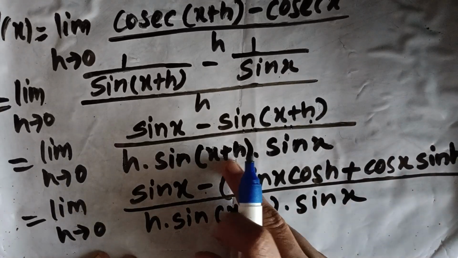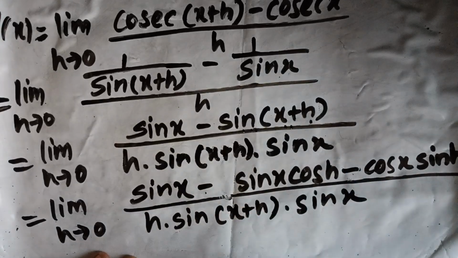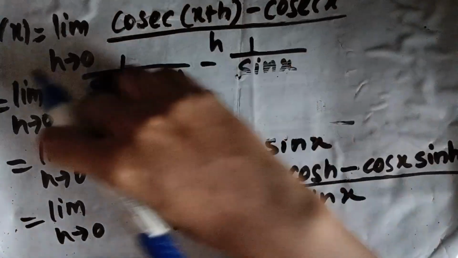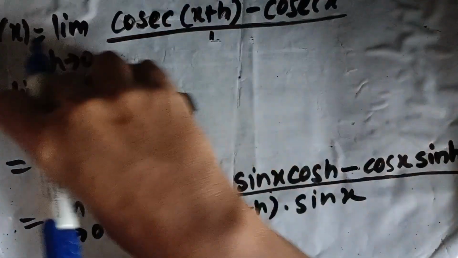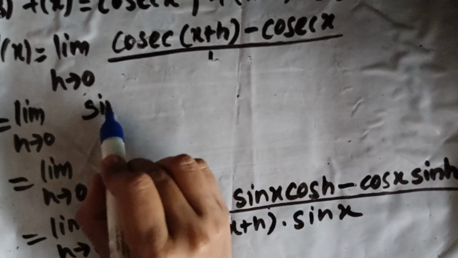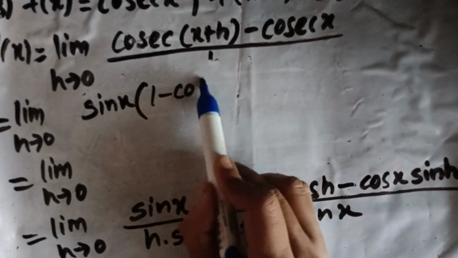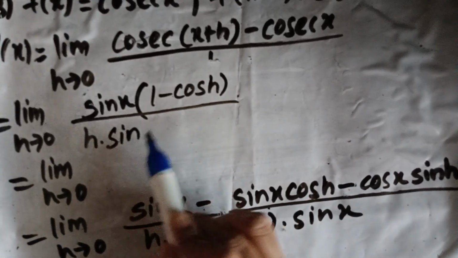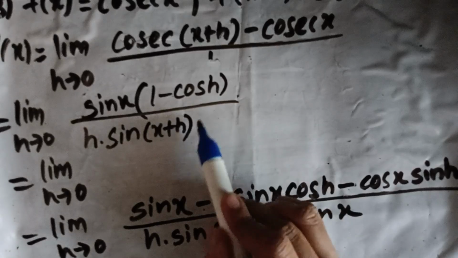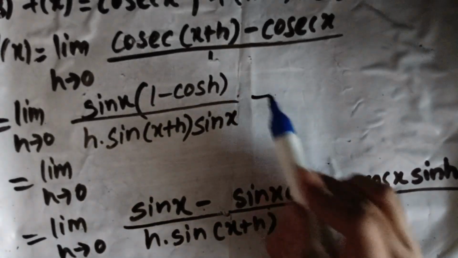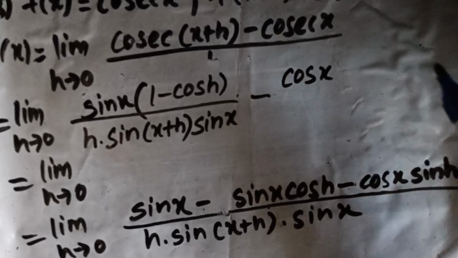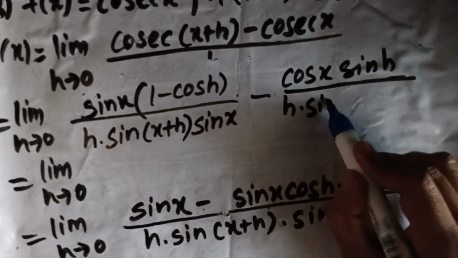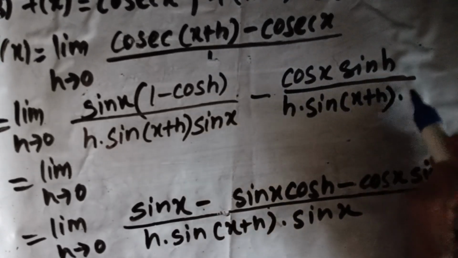Taking this minus sign inside, you will get here minus. Again, sin of x you can take common. So sin of x is common, 1 minus cos of h, and I'll write this denominator, minus cos of x into sin h upon h into sin of x plus h into sin of x.